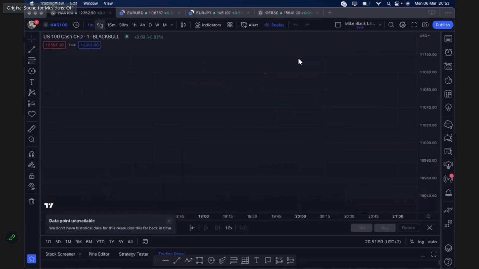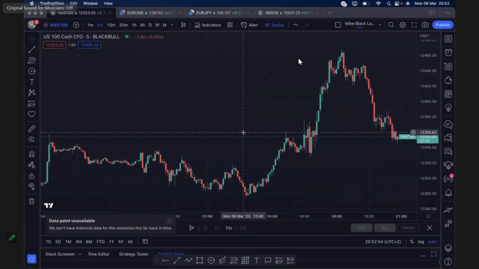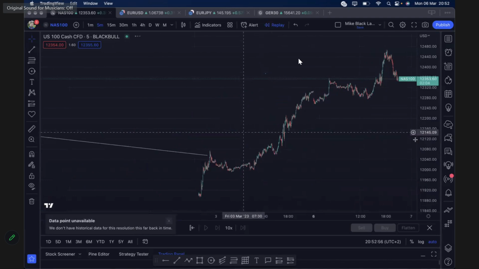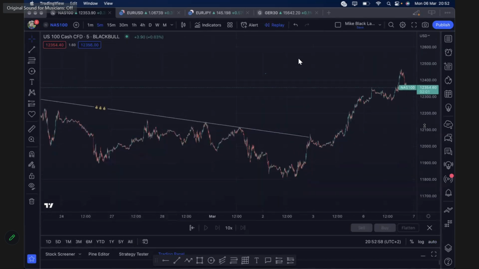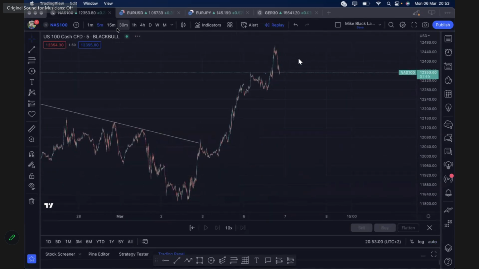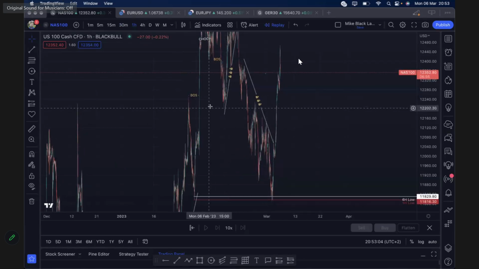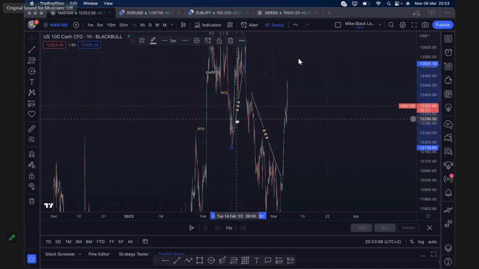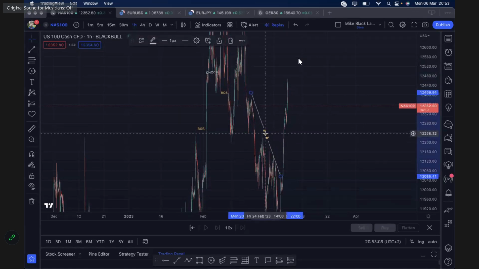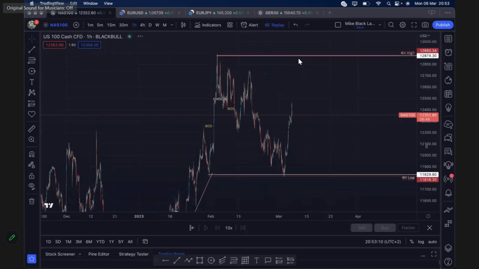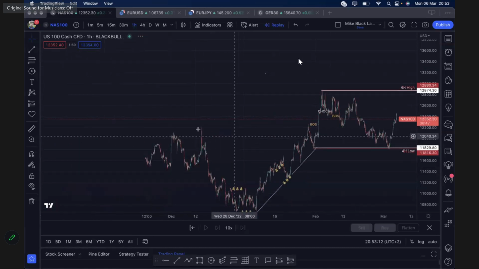Ugh, no data available. So we've got that. Where am I now? I absolutely hate it when TradingView does this, but we've got that trading.